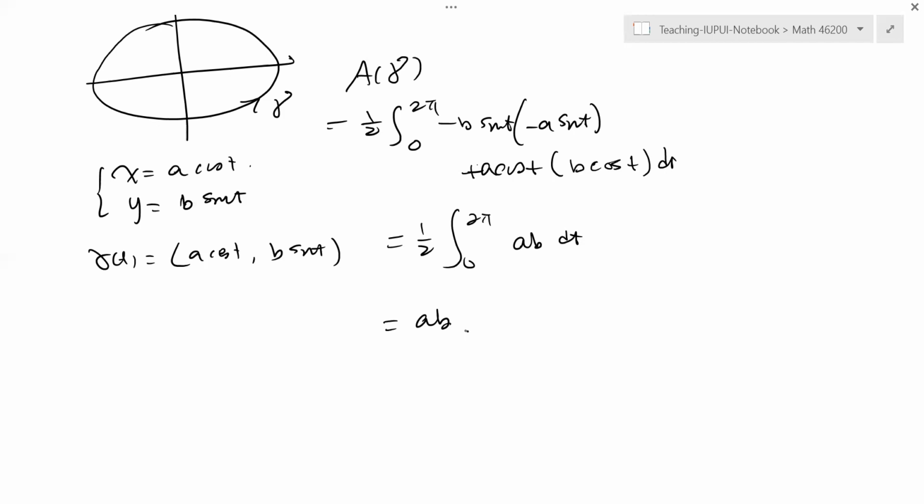So the ellipse is just a deformation of the circle, not any other region. We cannot find the area easily, right? Let's try, think about any closed curve.